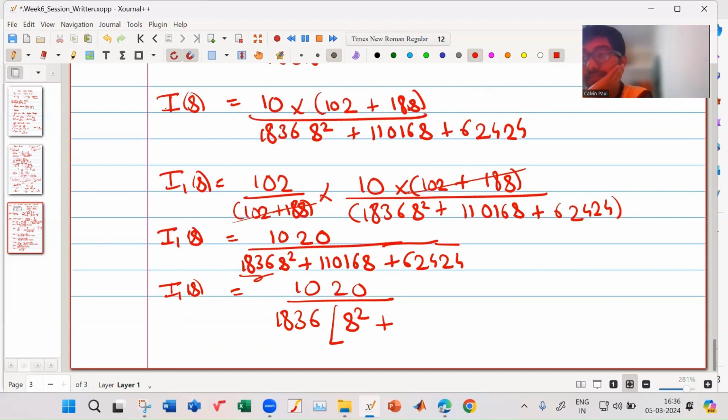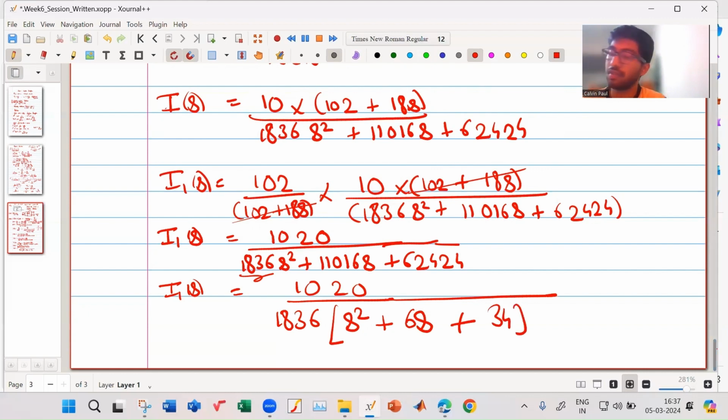That comes out to be 6. So it comes as S square plus 6S. Then what is 62424 divided by 1836? That becomes 34.